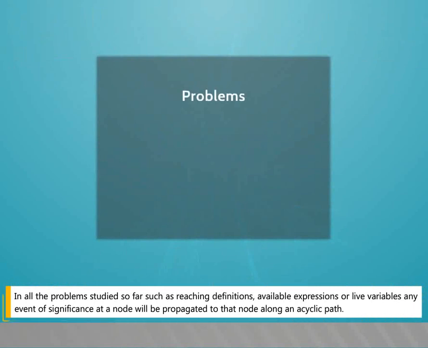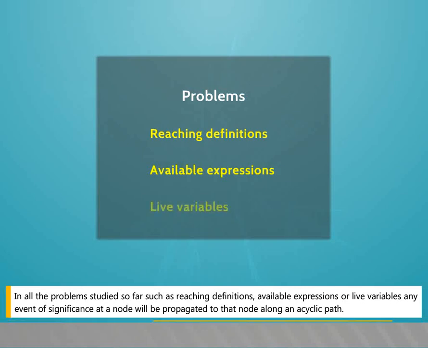In all the problems studied so far, such as reaching definitions, available expressions, or live variables, any event of significance at a node will be propagated to that node along an acyclic path.